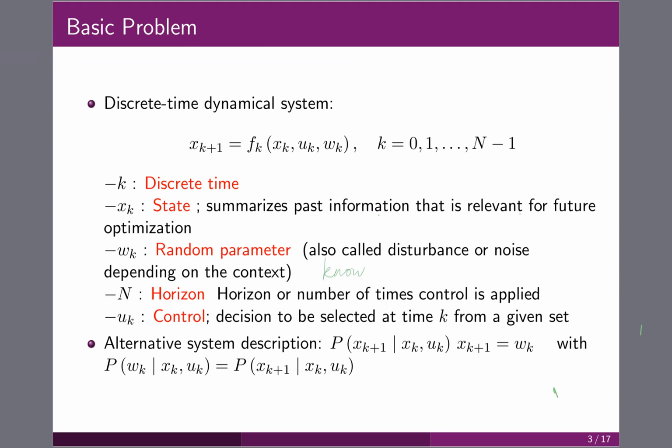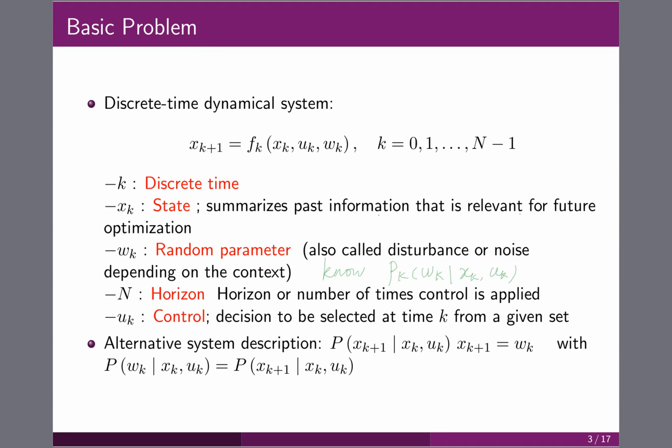We know P_k of w_k given x_k and u_k. So this is our assumption: given x_k and u_k, the state and the action, we know the distribution of omega k.